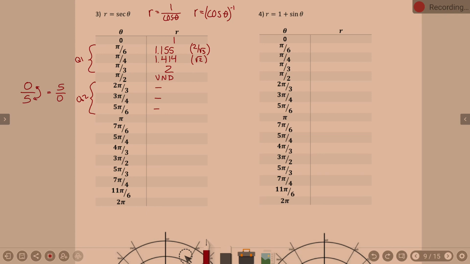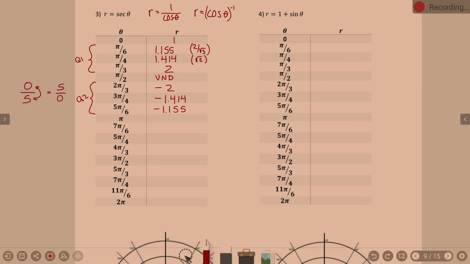So I know they're negative. 2 pi over 3 is going to match up with the pi over 3 angle, yes? And so we're going to have negative 2. 3 pi over 4 is going to be negative 1.414. It's going to match up with pi over 4. And 5 pi over 6 is going to match up with pi over 6, negative 1.155. And again, we can do this because it's just doing the secant of that angle. It changes up when you throw in adding and subtracting. We'll talk about that on example 4.